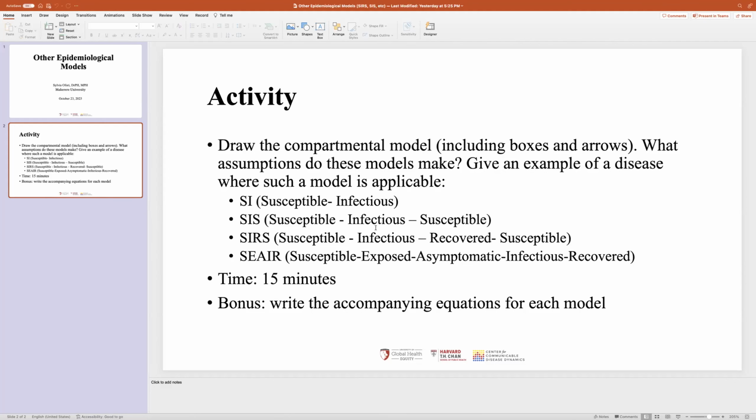Then you could just let us know, for example, what diseases you think would fall under any of these compartments. So if you're looking at an SIR model, what's an example of a disease that would, I think Brian mentioned HIV.